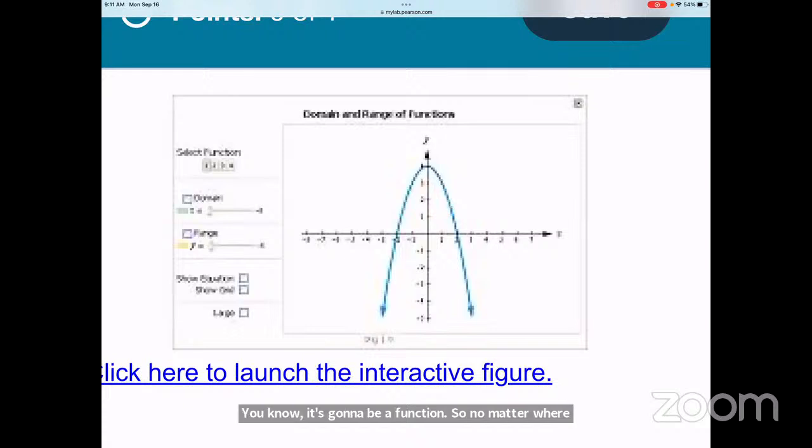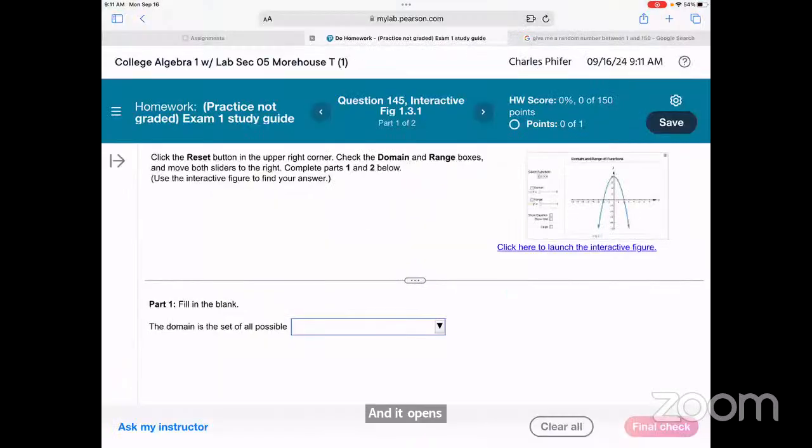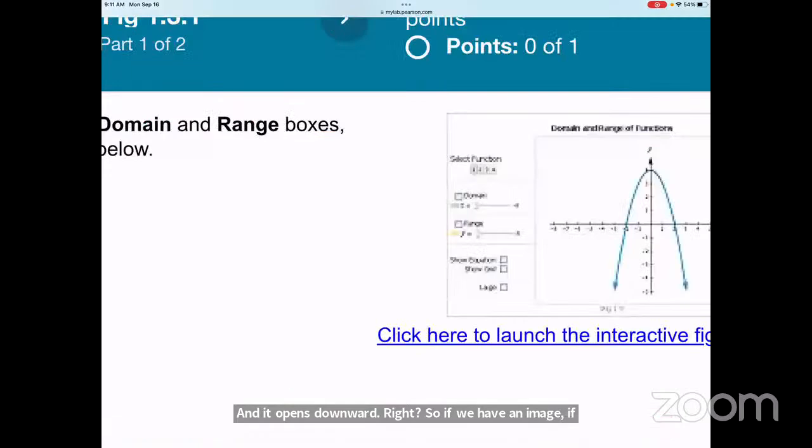Notice it has a vertex. Let me see, 1, 2, 3. If we're counting properly, again, it is blurry. I'm intentionally not opening an interactive figure because it tends not to work. 1, 2, 3, 4. It looks like the vertex is on the y-axis, the y-intercept at 4, and it opens downward, right? So if we have an image like this, can somebody tell me the domain?